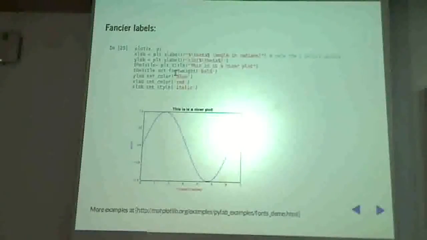So it puts the theta symbol over there, and the rest of the string it doesn't have to interpret, it just prints it out. Similarly, for the y label, one has put r sine theta, and this of course is a nicer plot.